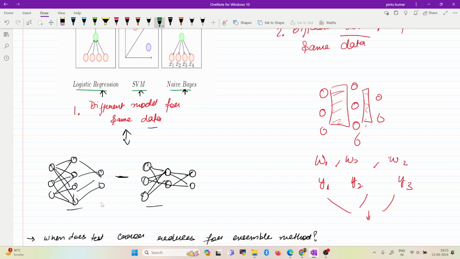So training many models and then combining them is a computationally expensive task. You will have to do two things: train different models, and then while testing, pass through all these models and aggregate their results.